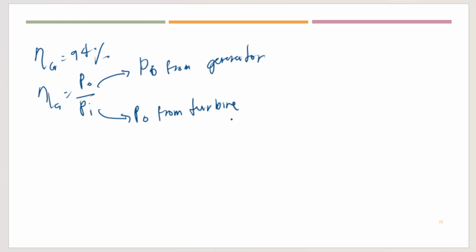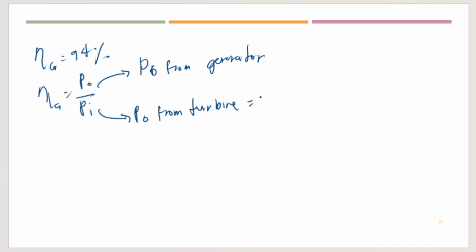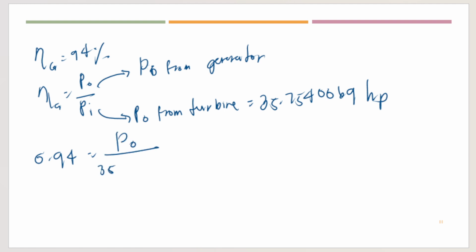What was that again? That is what we computed: 35.7540069 horsepower. So, 0.94 is equal to the power output we are looking for over 35.7540069 horsepower.